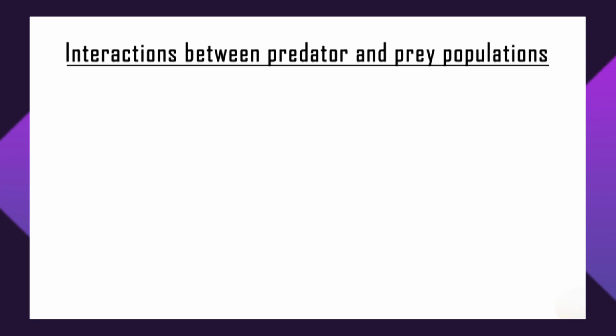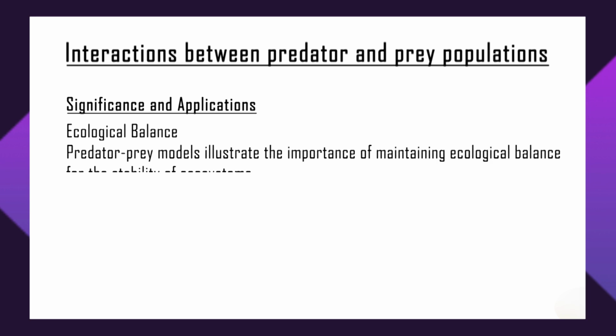Let's talk about the significance and application of these models. One such significance is ecological balance. The prey-predator model illustrates the importance of maintaining ecological balance for the sustainability of ecosystems.